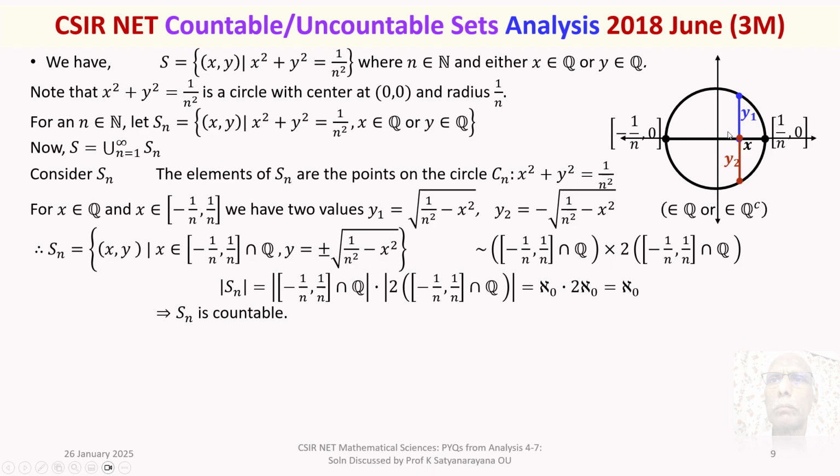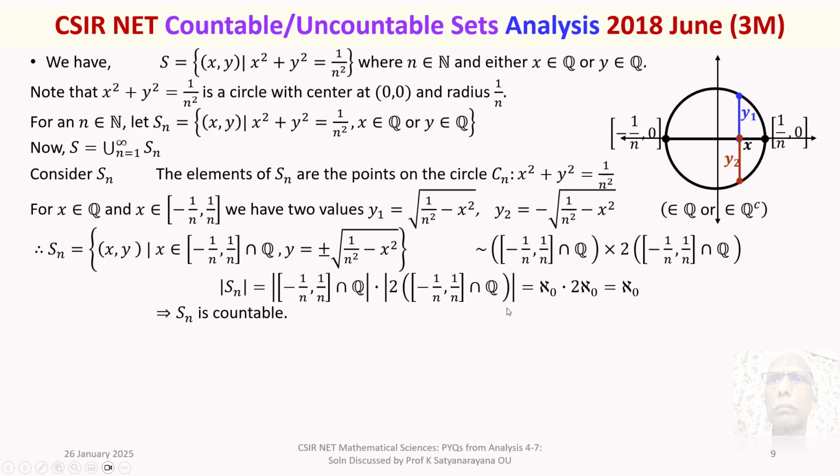Then you will get, corresponding to each y belonging to Q intersection the closed interval -1/n to +1/n, two abscissae x1 and x2. In the previous case it was y1, y2. This is the case x1, x2.